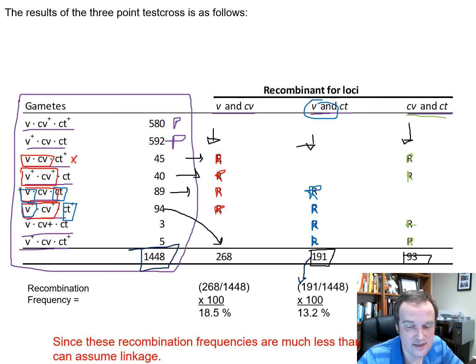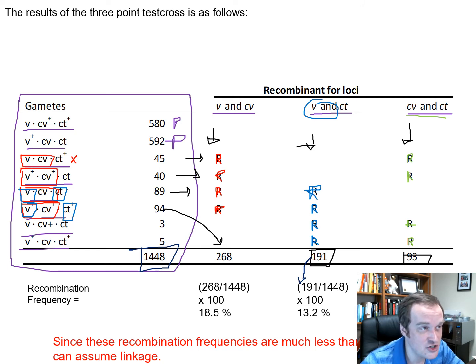And one thing to take into account is, because there is less than 50% recombination frequency, we assume that these three genes are on the same chromosome. If you get a recombination frequency at 50 or above, that means that the genes are not linked and that they are on different chromosomes.